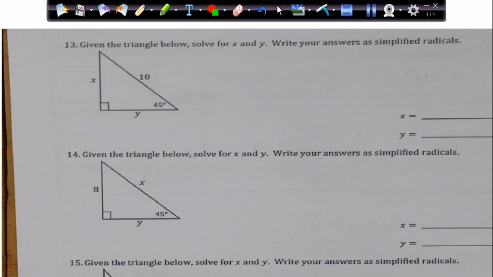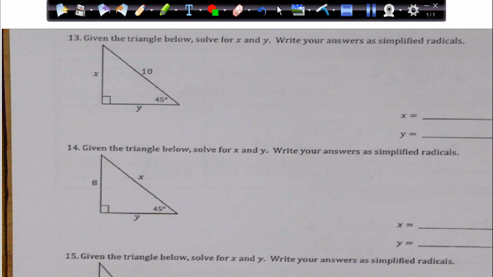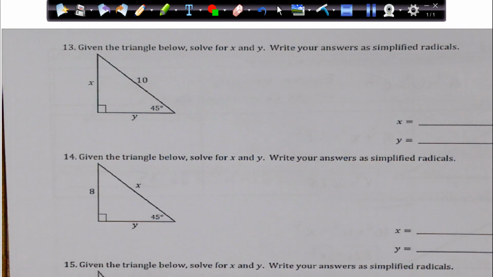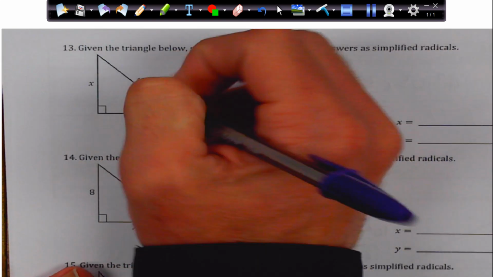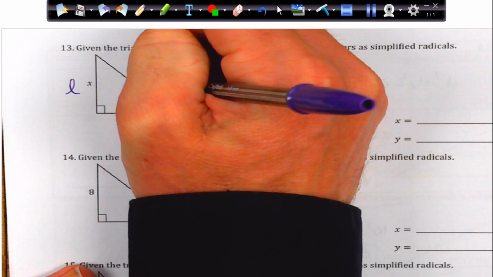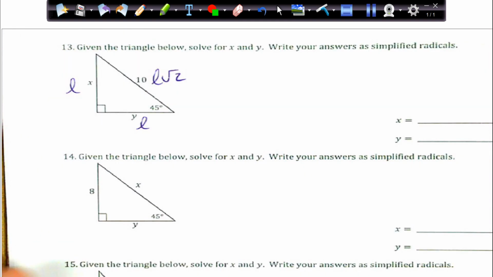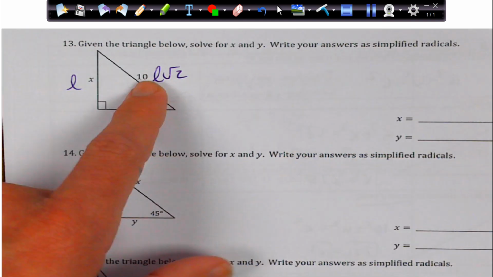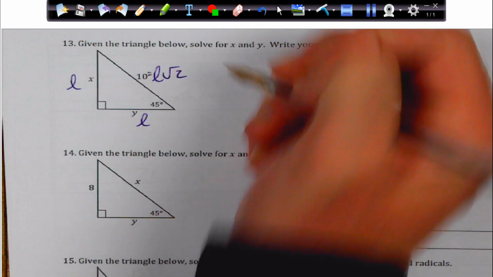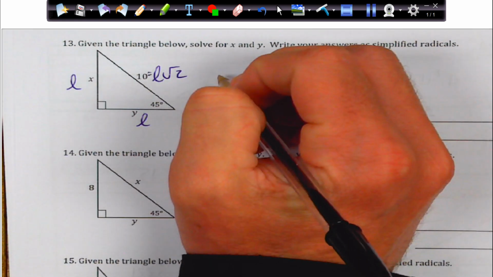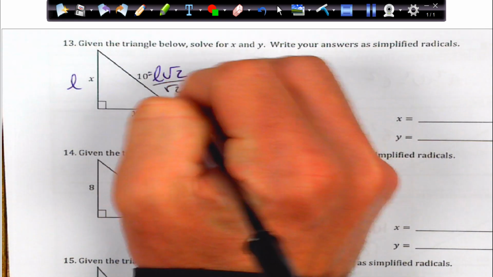Okay, next, solve for the triangle. So here we're using our special right triangle, so I'm going to apply our rule of L, L, L rad 2, okay? And so here, if L is equal to this part, we can just actually divide by rad 2 to get what L is.